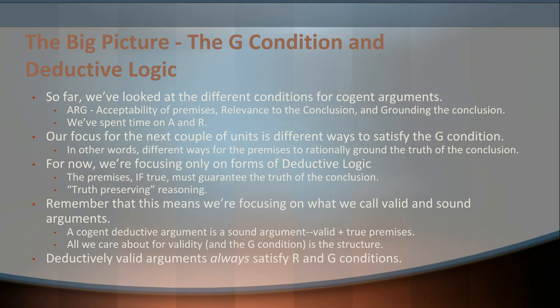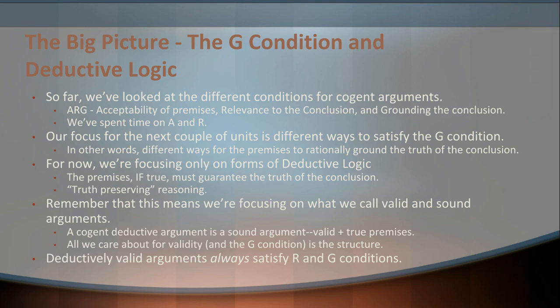So far in the semester, we've looked at the different conditions for cogent arguments, what our textbook refers to as the ARG conditions, where we look at the acceptability of premises, the relevance of those premises to the conclusion, and how well those premises ground the acceptance of that conclusion. Now, our past units have looked at the A and R conditions.